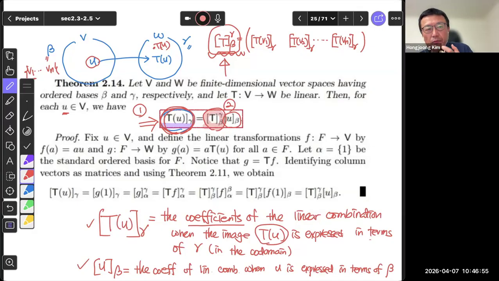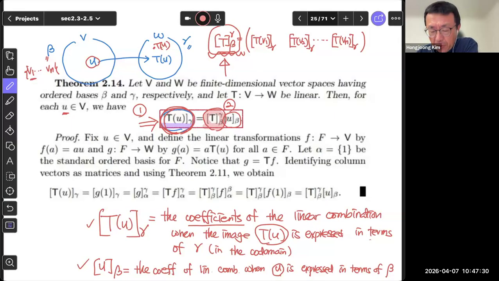And the vector u with respect to beta is the coefficients of u vector in the domain when beta is used as a basis. And this theorem says in either way you will get the same vector. Before I express some meaning, let me consider the proof.